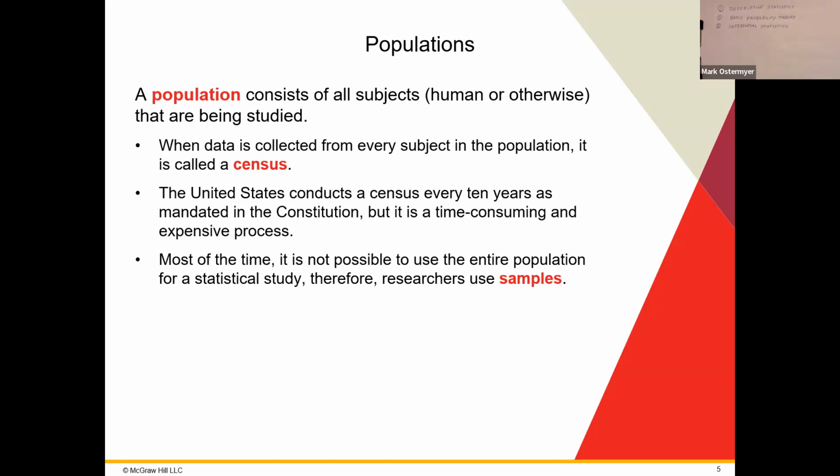What's a population? A population basically consists of all subjects under investigation. For instance, if I was interested in all student majors on a university campus, that would be considered the population. So the population is a set consisting of all things that we are interested in investigating. And populations can become very large in some cases.